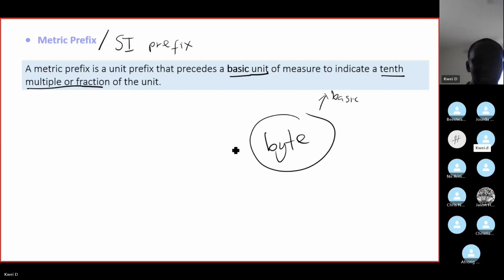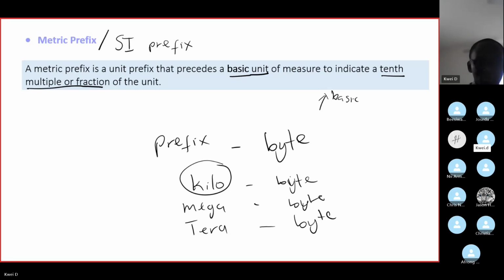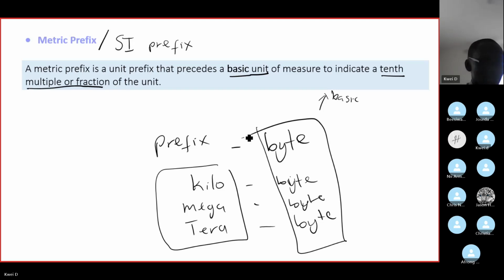Any other thing that follows this basic unit becomes a prefix. You've heard of the kilo, and then you add bytes. So the kilo is a prefix. You've heard of the mega, you put it before, then you add bytes. You've heard of tera, then you add bytes. So this is what we mean by the prefix. It comes before the basic unit.